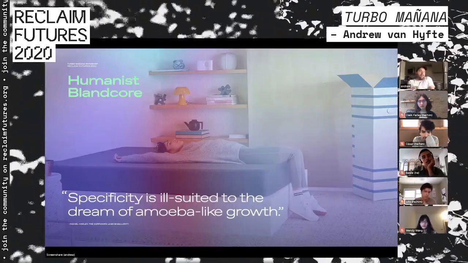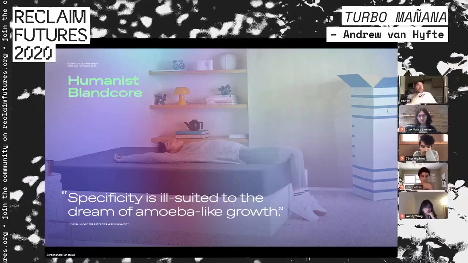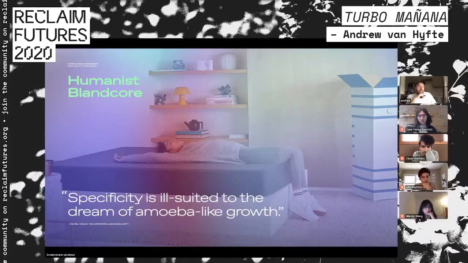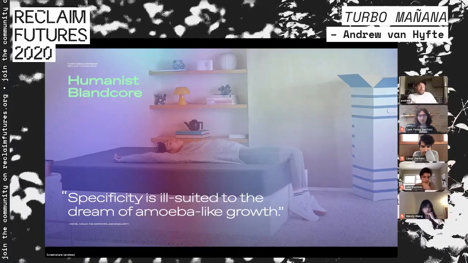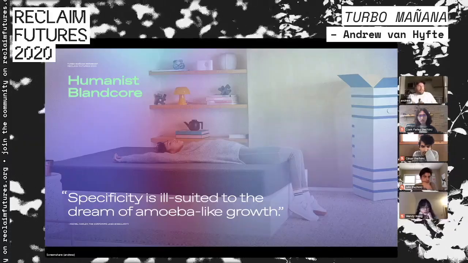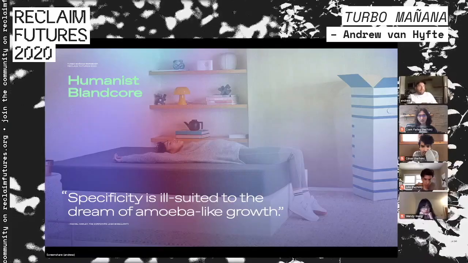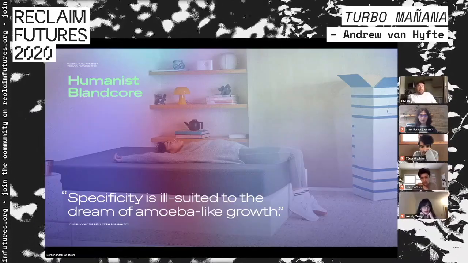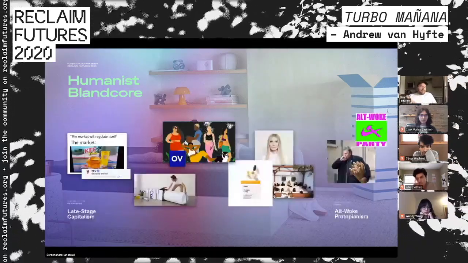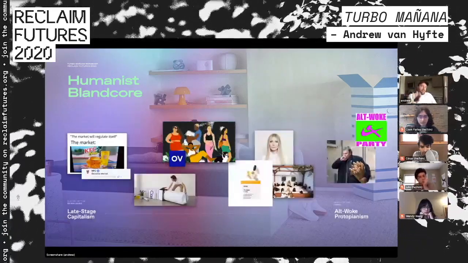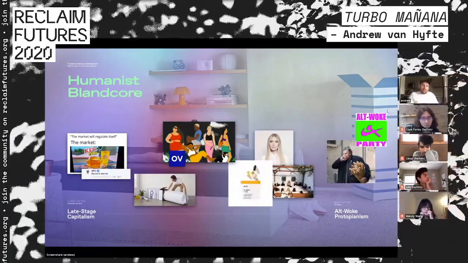And a quote from Rachel Hawley of the Corporate Logo Singularity article: specificity is ill-suited to the dream of amoeba-like growth. That goes back to what I was mentioning earlier: when everything's the same and everything's easy and approachable and happy, and we'll look at some examples too, it's very easy to market and spread. There's no challenge. So if we go back to the spectrum, you remember the KFC unchecked potential: what actually happens if KFC becomes eternal?